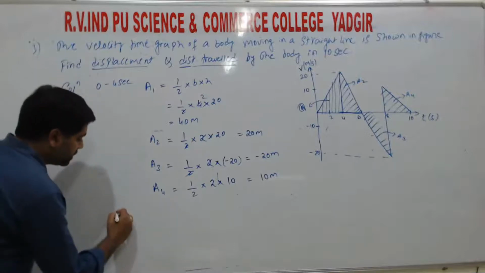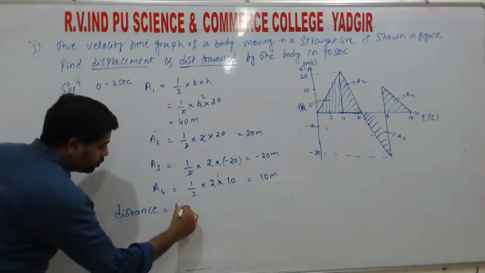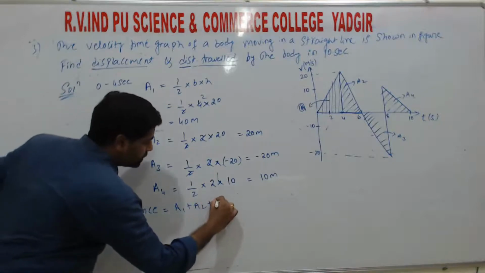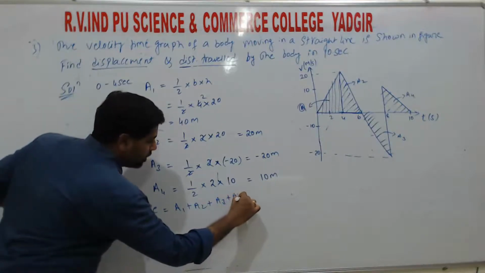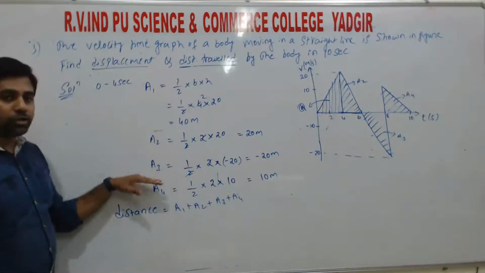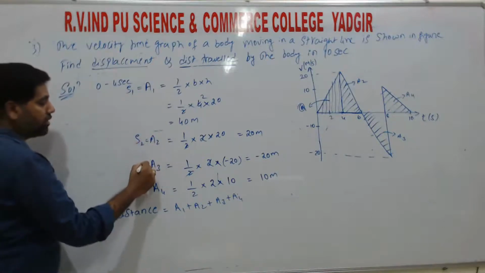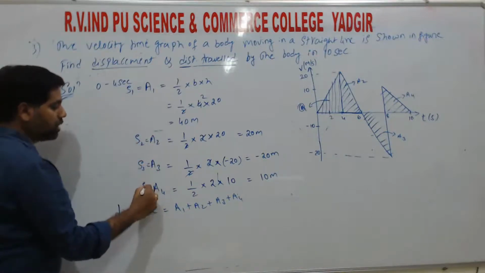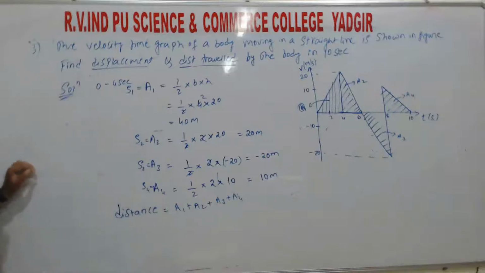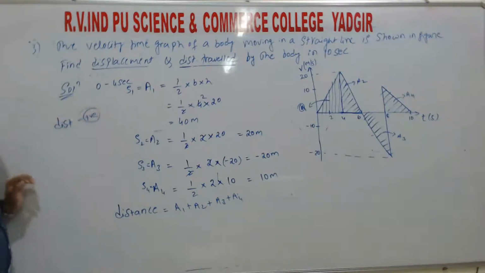So first distance. Distance is equal to A1 plus A2 plus A3 plus A4. So we know that distance has only positive values, right? So calling these d1, d2, d3 and d4.